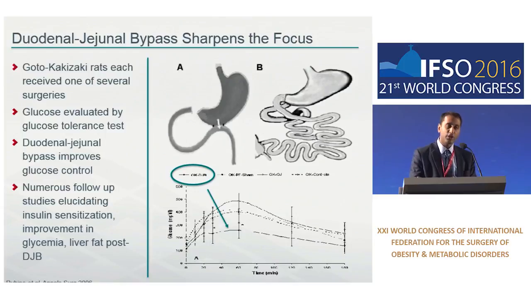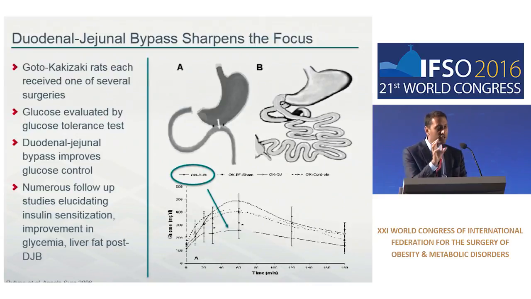And since then, in humans as well as in animal mechanistic work, there's been a tremendous amount of research following up on these observations, elucidating an insulin sensitization mechanism, an improvement in glycemia, an improvement in liver fat, all after a DJB surgery in animals as well as in humans.